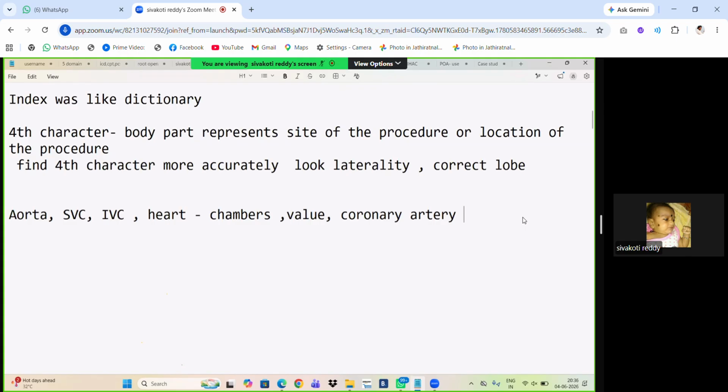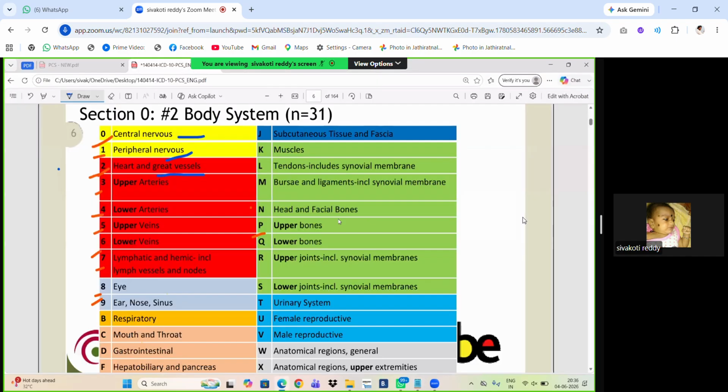Where is this artery located? In the heart itself. It supplies blood to the heart muscles. So the coronary artery is also located in the heart, and mostly you will get questions from the coronary artery. The coronary artery is also part of the heart. Noted?